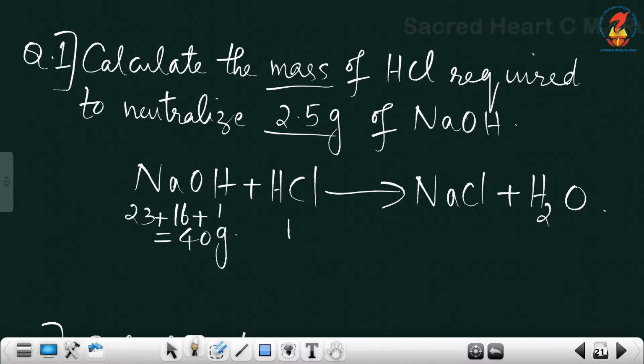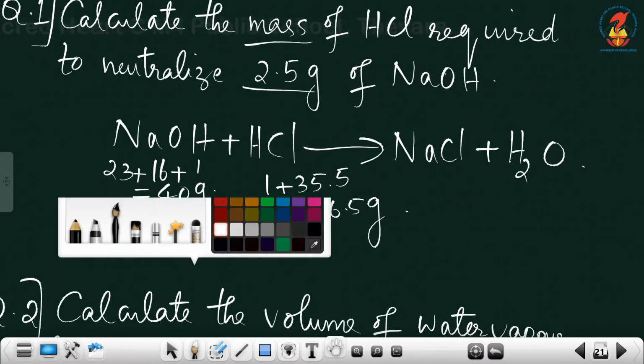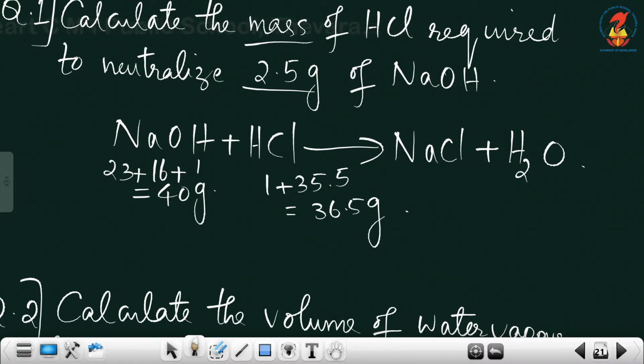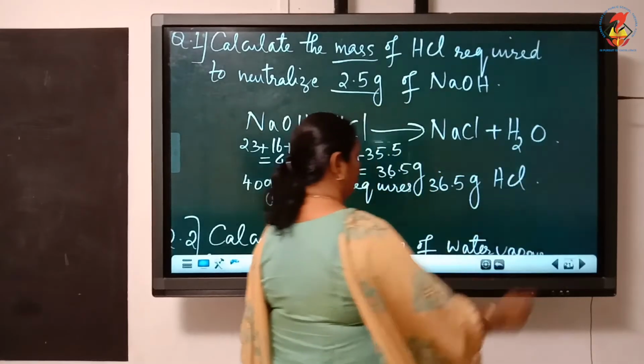Hydrochloric acid is 1 plus 35.5, which is equal to 36.5 gram. So according to this balanced equation, 40 gram NaOH requires 36.5 gram hydrochloric acid.